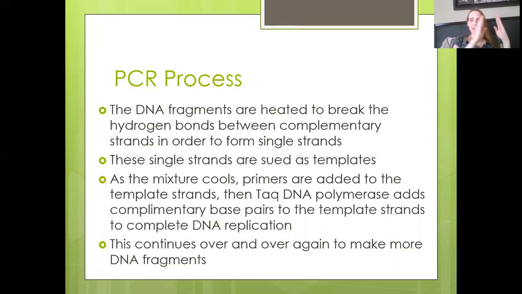And then you just keep doing that again. So now you have two DNA molecules, you're going to split each of those in half, make new strands, and you have four. And so every time you do a PCR, you double the amount of fragments that you have. You're really just forcing DNA to replicate on your terms.